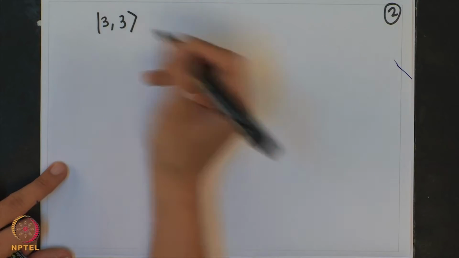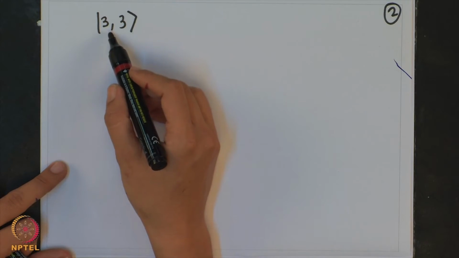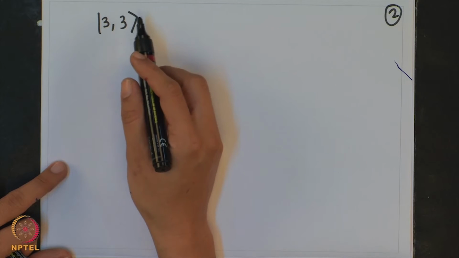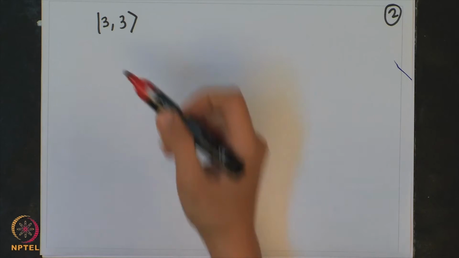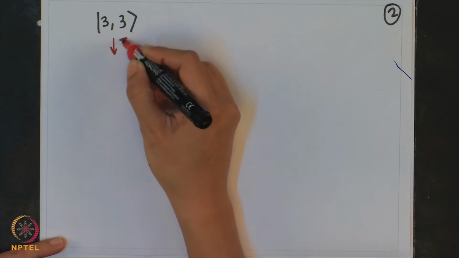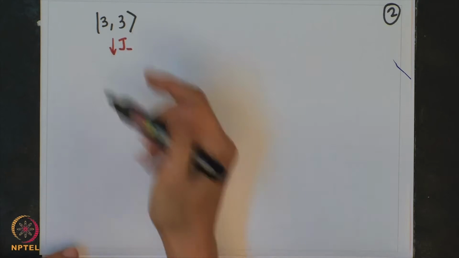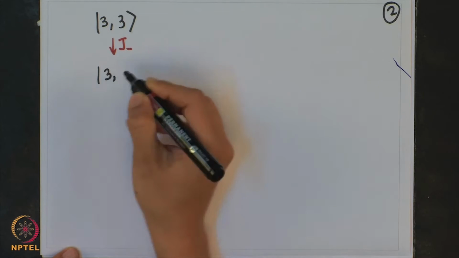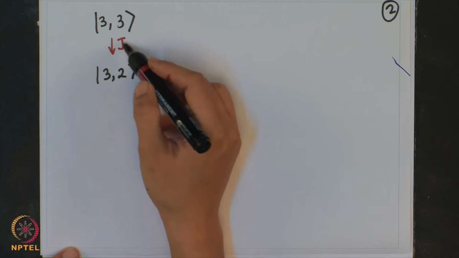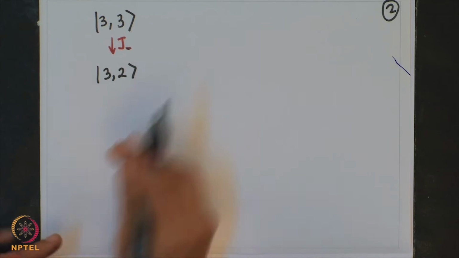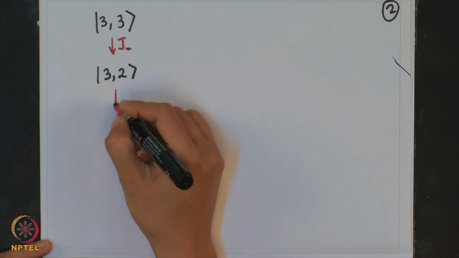this is the highest state which will correspond to 2 comma 1, this we have just now seen. Now, if I operate a ladder operator J minus, what I obtain here is 3 comma 2. So, when you apply the ladder operator J minus, you obtain the next lower state.